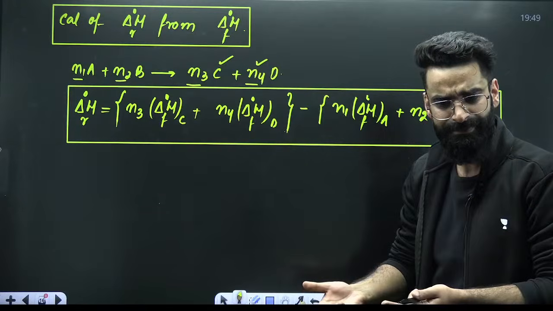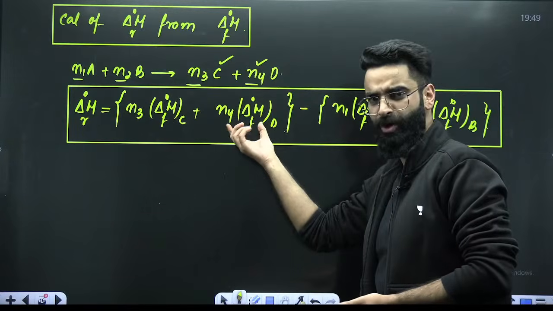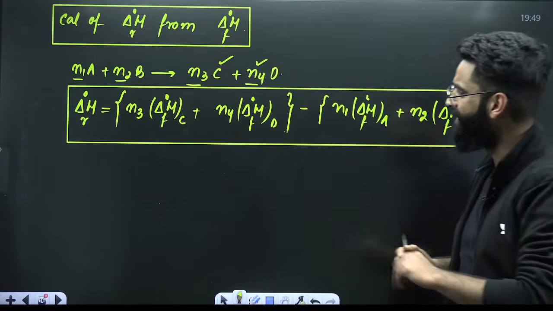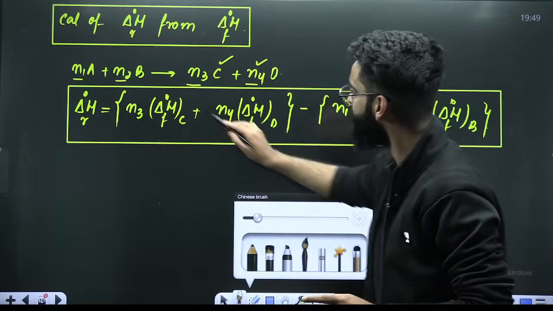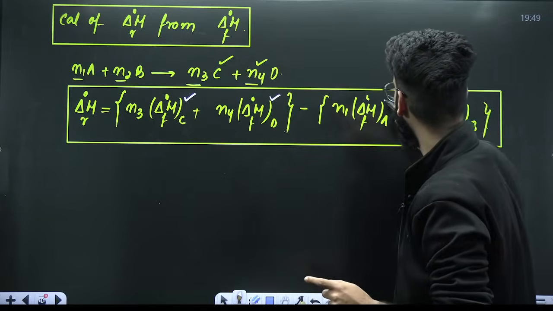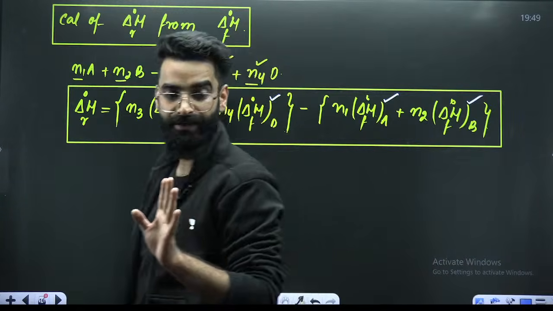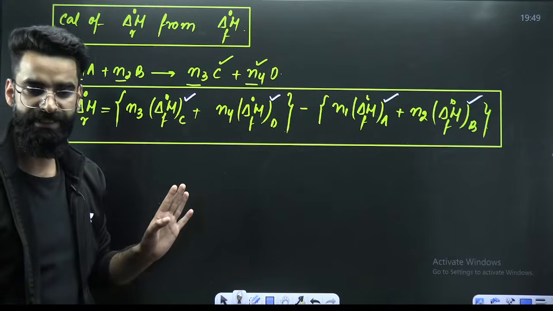It is written as standard enthalpy of formation of products minus standard enthalpy of formation of reactants. In the questions, they'll give you these values.